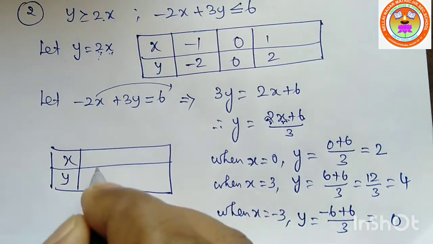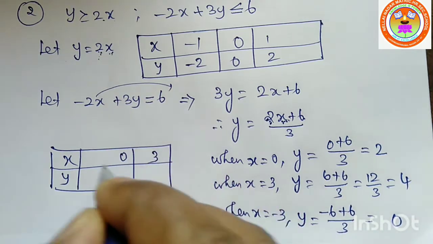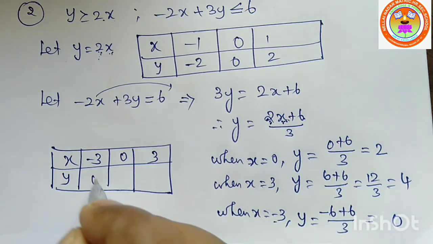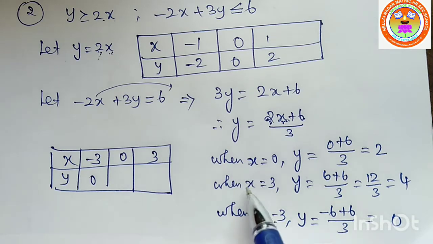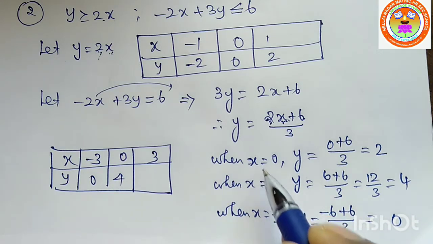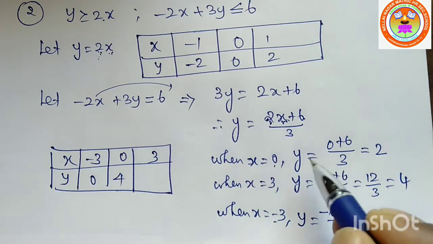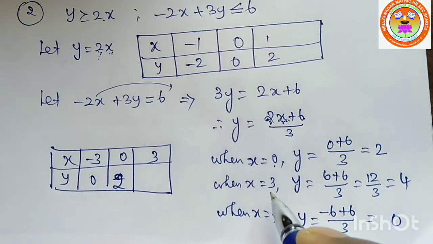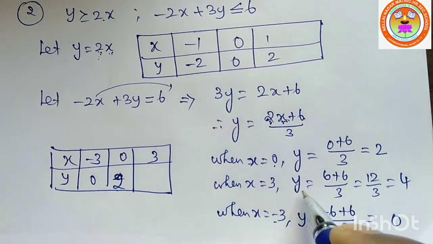X values are 0, 3 and minus 3. For minus 3, the corresponding value of y is 0. When x is equal to 0, the corresponding value of y is 2. When x is equal to 3, the corresponding value of y is 4.